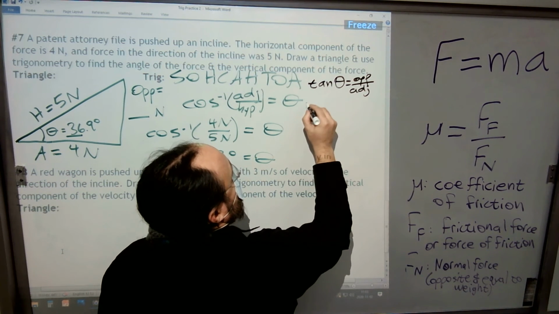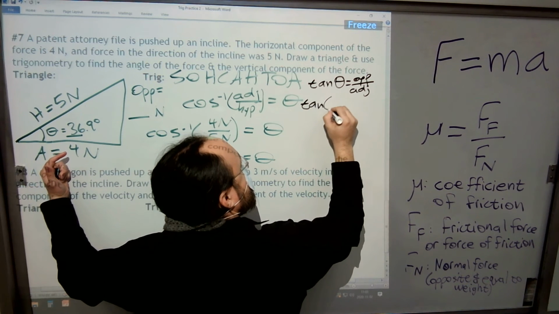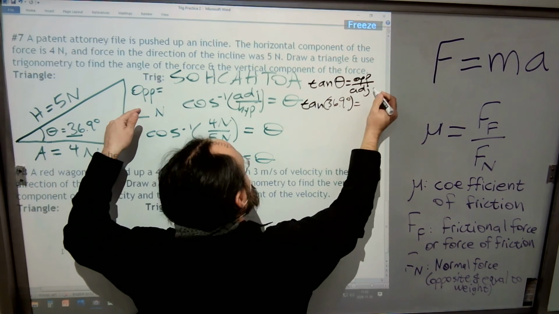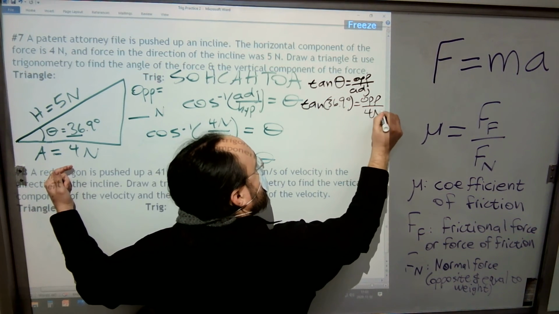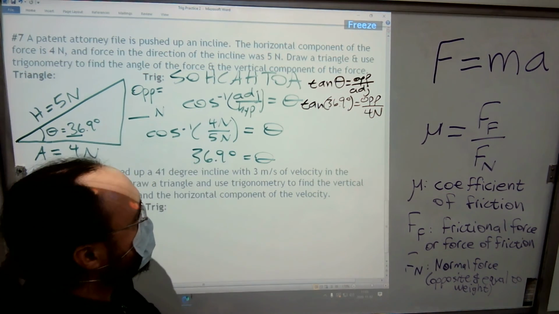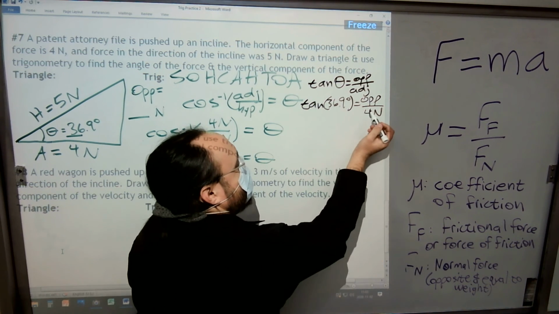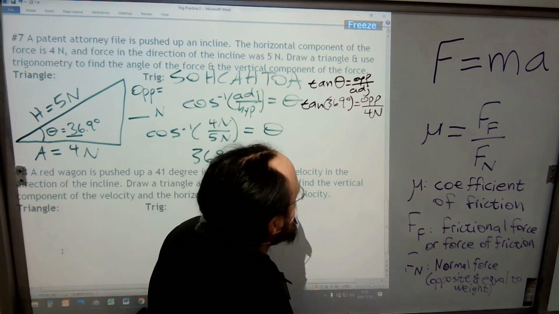I can plug in my angle, 36.9. Opposite is we don't know. Adjacent is 4. All right, this is just fine. The other day what we were looking for was in the denominator, and we had to shuffle it all around, and that was a lot to do.